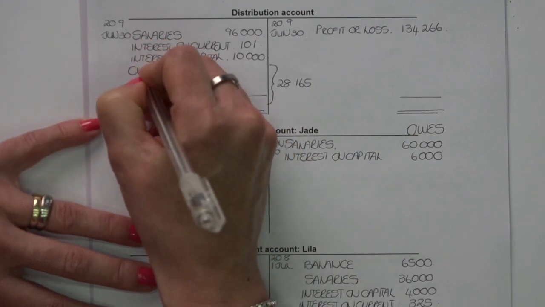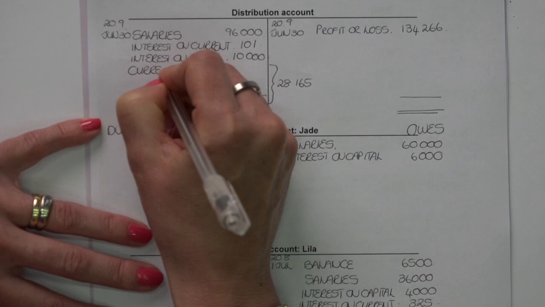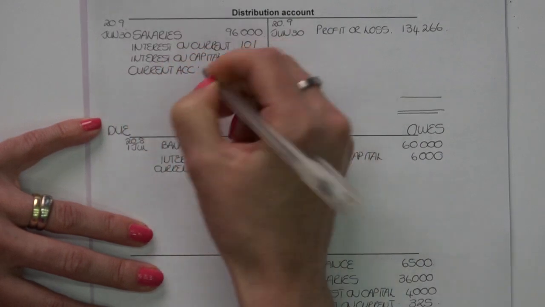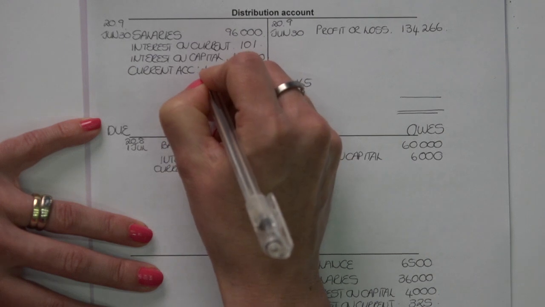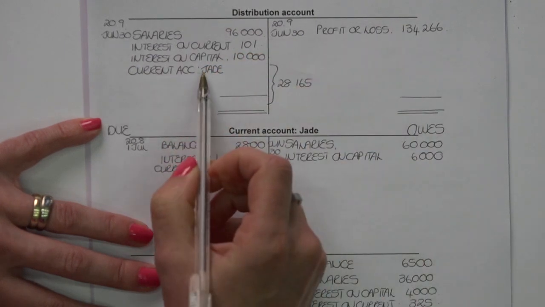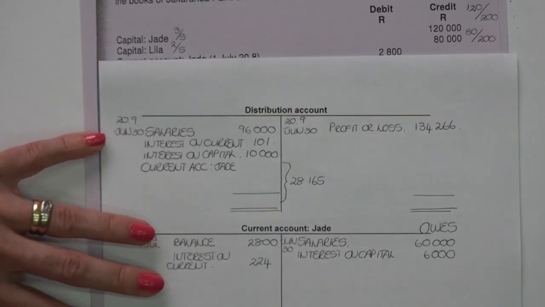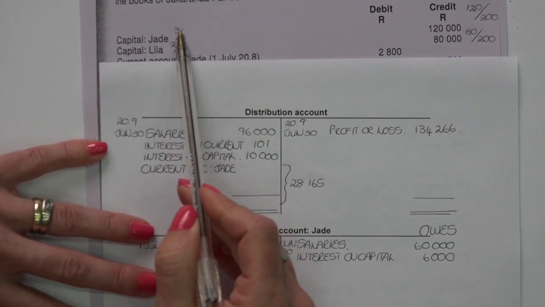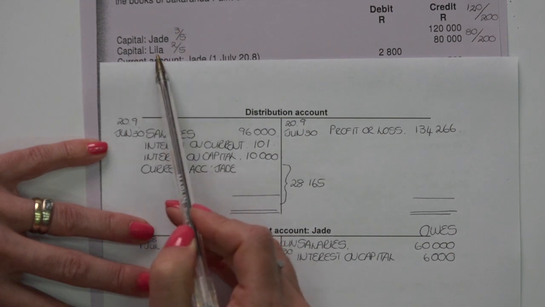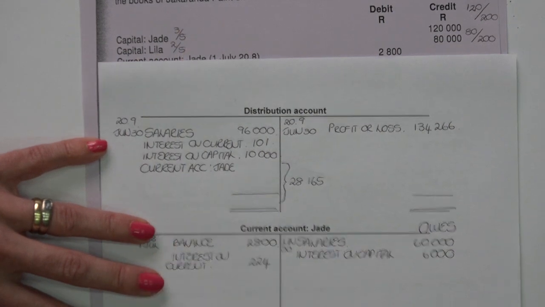So we will debit the distribution account with the current account of each partner. And remember, we calculated the profit sharing ratio according to their capital contribution. So Jade will get 3 out of the 5 of the profit, while Lila will only get 2 out of the 5.